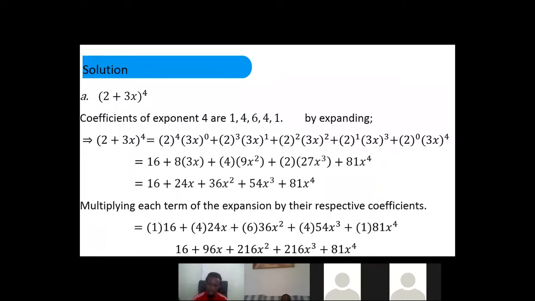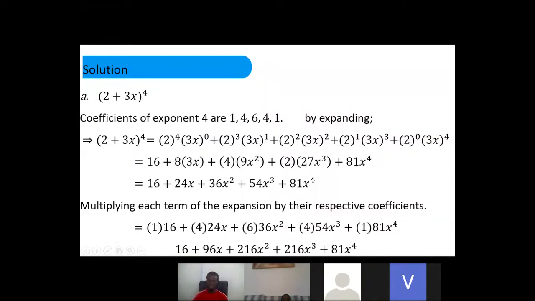Sir, if they give you a question and did not ask you to use Pascal, and they just ask you to expand, can you use the binomial expansion or the Pascal? Okay, you can use that if they don't ask you per se to use the Pascal, but it has a limitation.